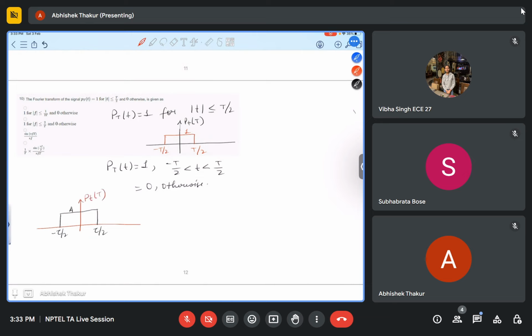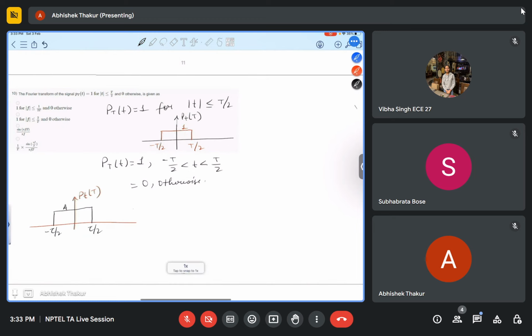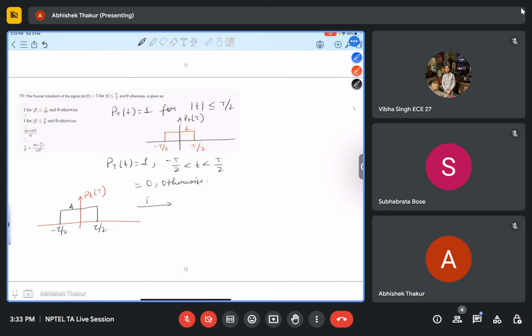So if this is our p(t), then the Fourier transform of this will be P(f) is equal to, see, this is width and this is height.